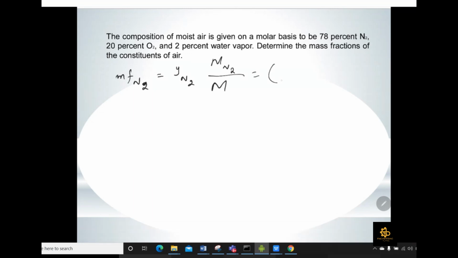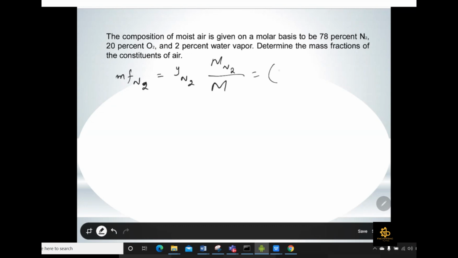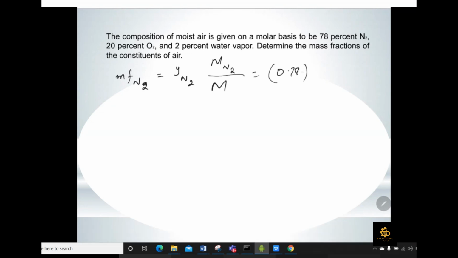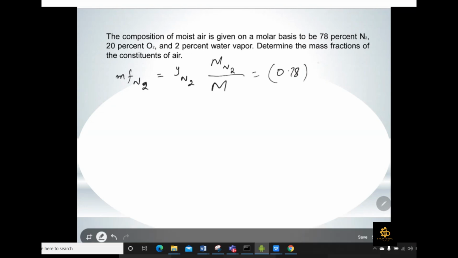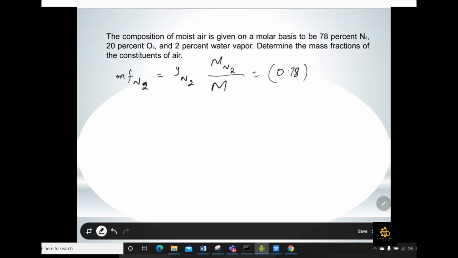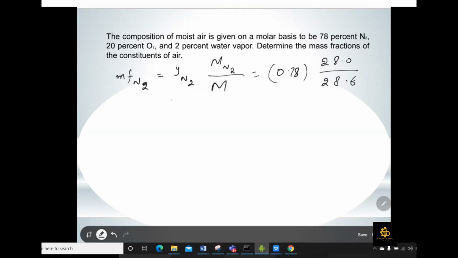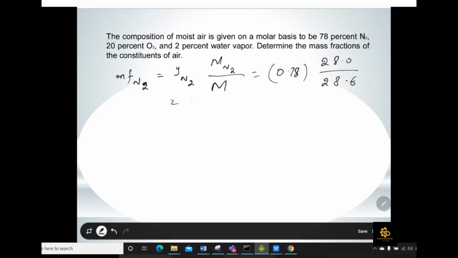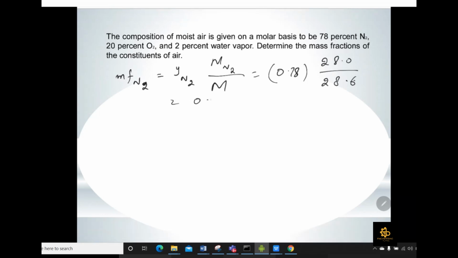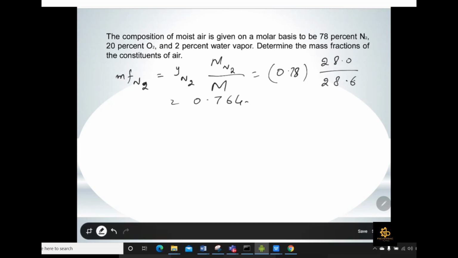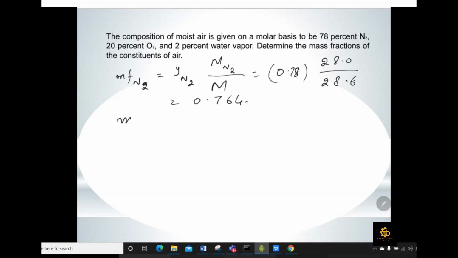So we need the mole fraction, which is 0.78 from your problem statement, the molar mass of nitrogen, which is 28, and the molar mass of the mixture, which is 28.6. If you solve it, you will get the mass fraction of the first component, which is 0.764.